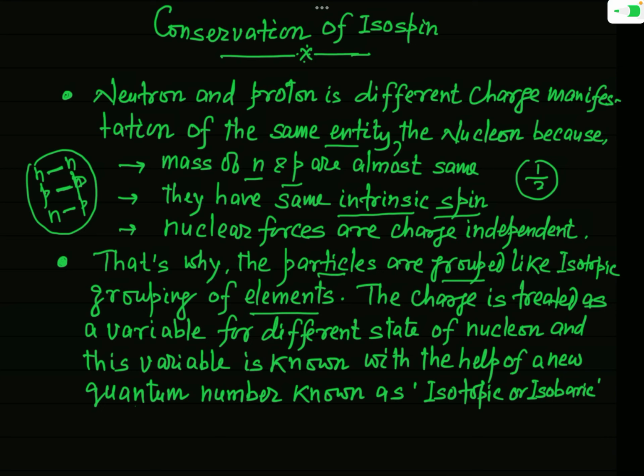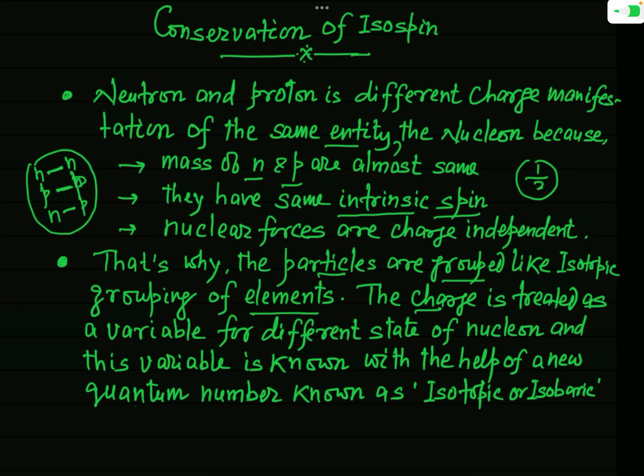In this condition, the electric charge is treated like a variable, and this electric charge actually determines the different states of the nucleon. So when a nucleon is in the chargeless state, it is called neutron, and when it is in a charged state, it is called proton.